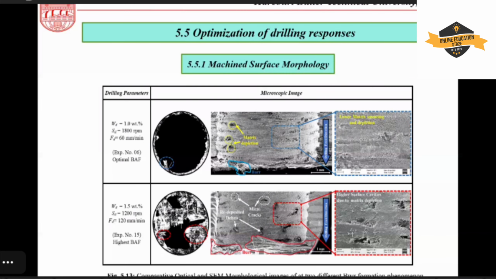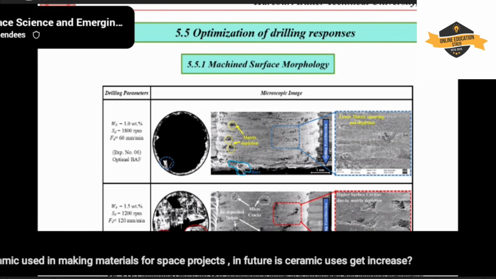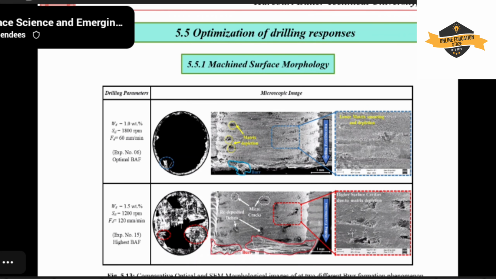So our characterization of the material, the initial phase after development, validated the results by different types of mechanical testing, tensile testing, and different types of TGA, DMA, FTIR, and some other advanced testing. Initially the result was validated with the help of characterization, and then we validated the performance of our material with the help of the machining process.